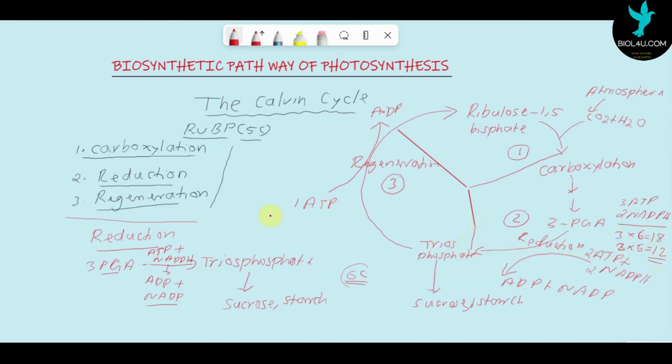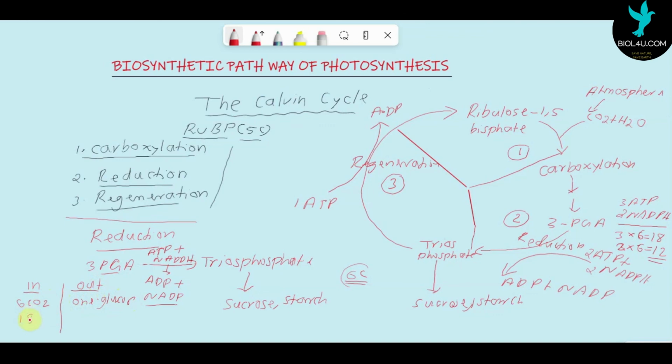Okay. So during this Calvin cycle, what is taken inside the plant or leaf, and what goes outside? If we consider this, 6 carbon dioxide enter inside and 1 glucose comes out. 1 glucose is formed.